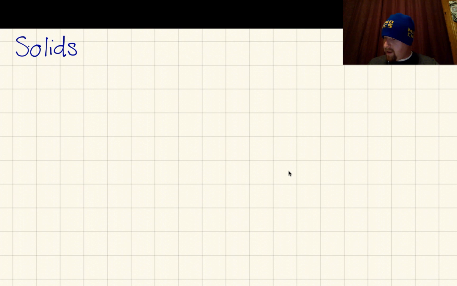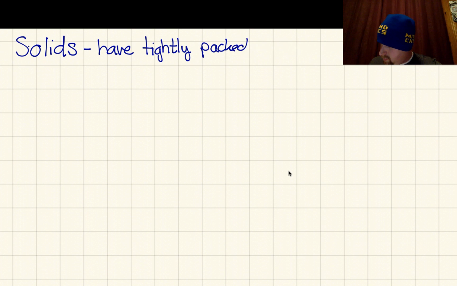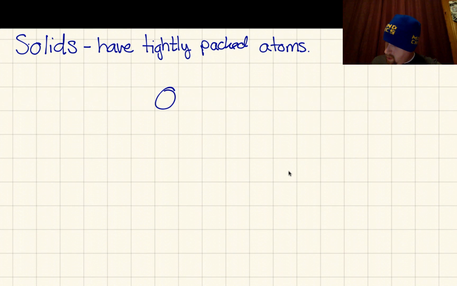In order to have a solid, okay, we need something that's got tightly packed atoms. All right, so this might look something like this. We have an atom here, and here, here.